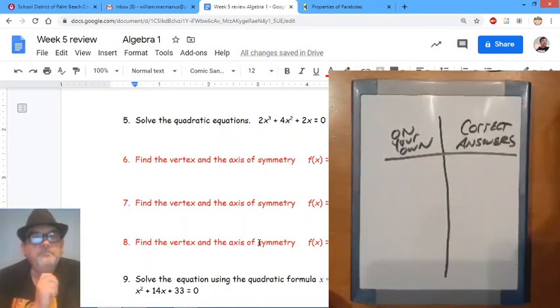So, what you can do, either tonight or tomorrow after we go over it, you're going to send me an email and give me the answer to number 6. You'll have a point, x comma y, and the axis of symmetry. Number 7, x comma y, axis of symmetry. Number 8, same thing. You just send me an email with the answers to 6, 7, and 8, and you get extra credit, all right? But you don't have to turn this in. You're not going to be penalized if you don't do it. This isn't a grade.